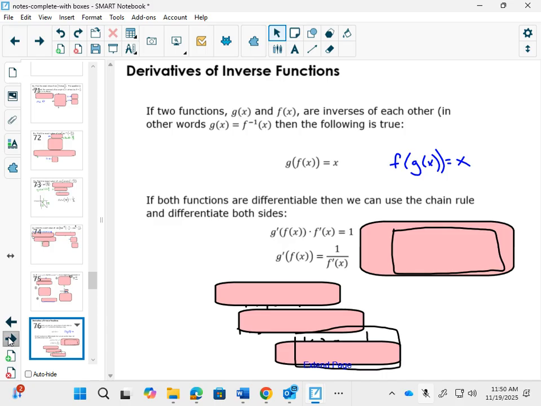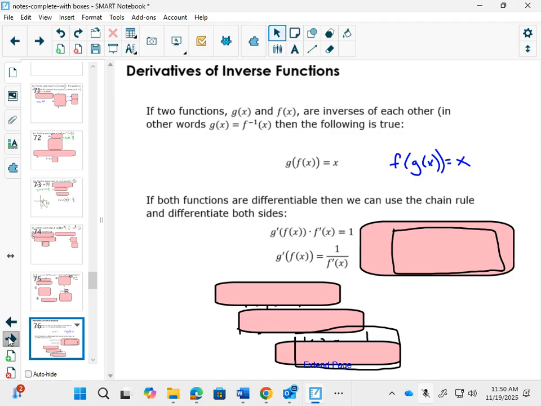And of course, we learned with trig functions that sometimes things get a little messy with domains. So g of f of x equals x if and only if it falls within the right domain. Otherwise, there are special rules that we saw with certain inverses.